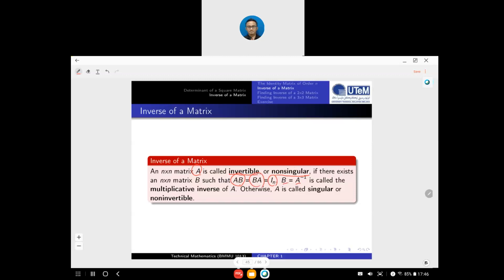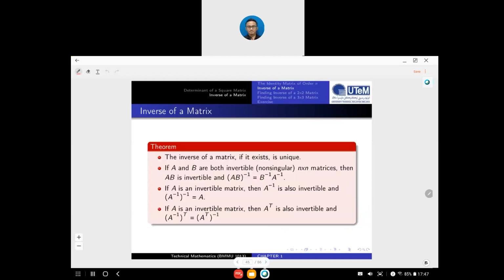Let's say you have matrix A times matrix B, and your answer is the identity matrix, meaning the diagonal is 1. So we can conclude that B is equal to A inverse. When you multiply two matrices and get the identity, one of them is the inverse of the other.